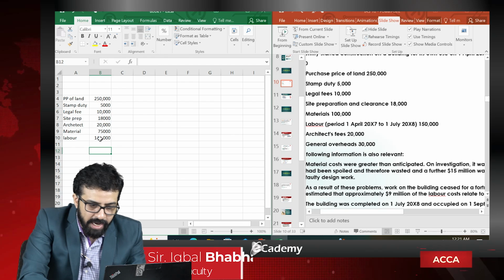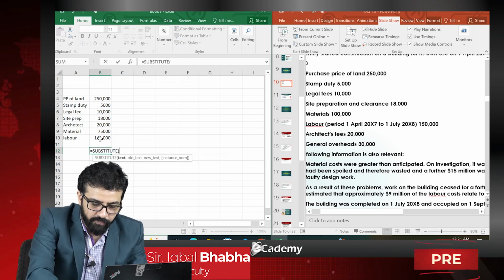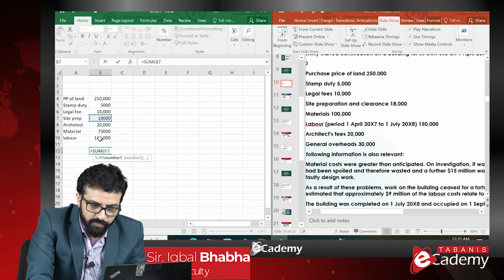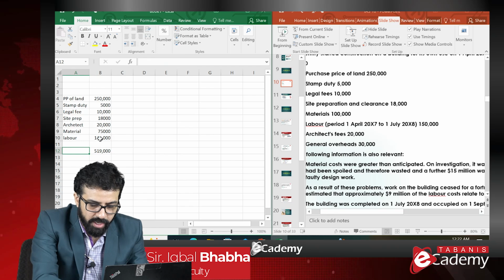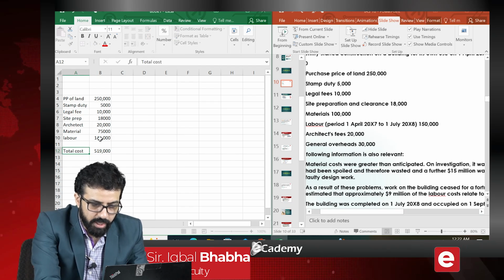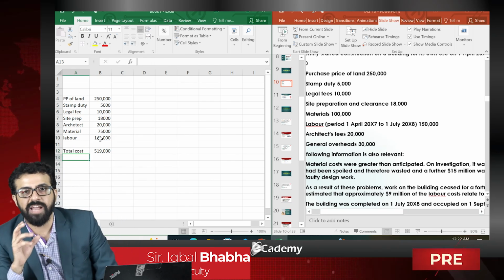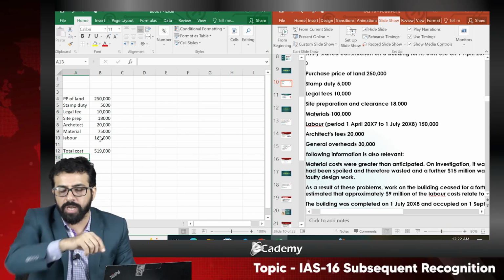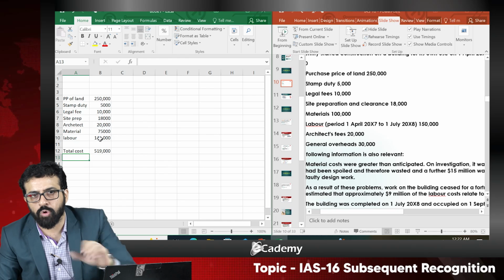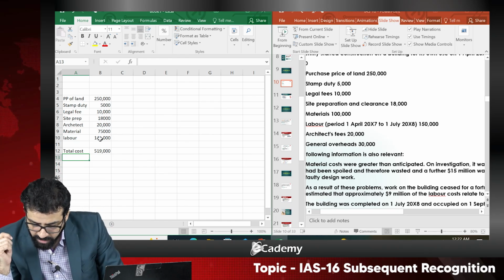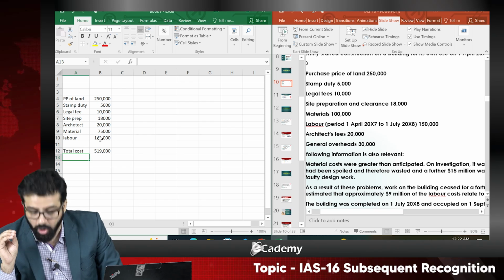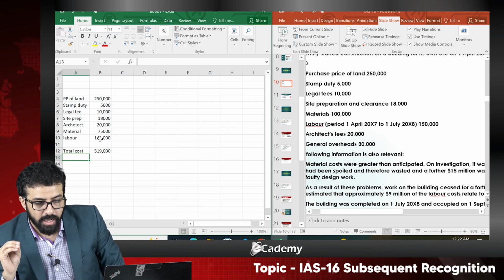So this is the final answer, and if we apply the formula just for simplicity and for the purpose of solving this question, the total cost that is part of the component of cost is 5,19,000. And if you total the cost given by the question, the total cost I think is 5,83,000, and we have eliminated almost 64,000.